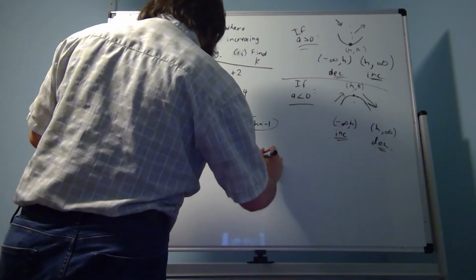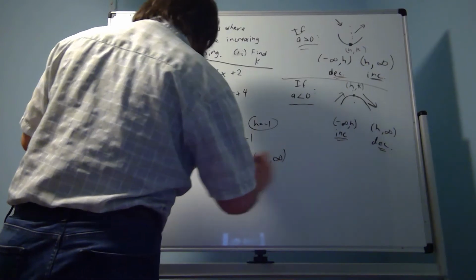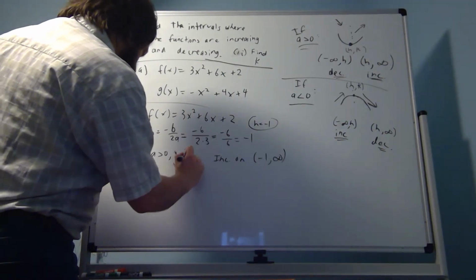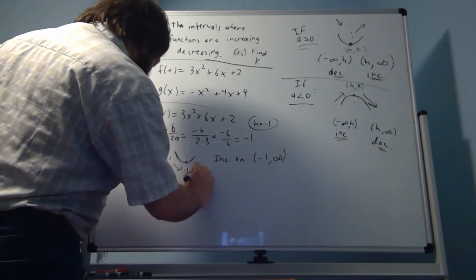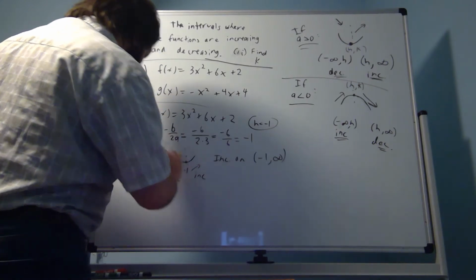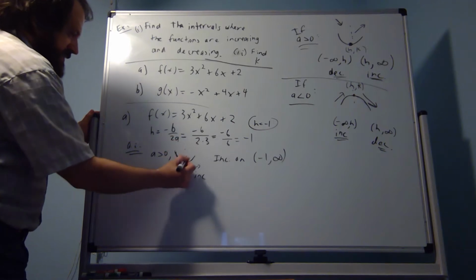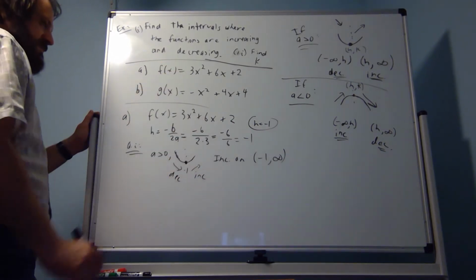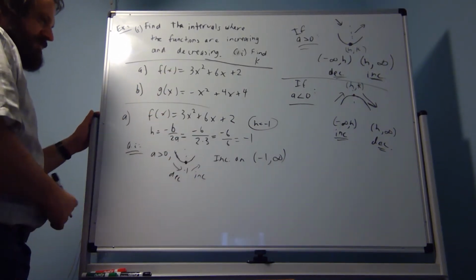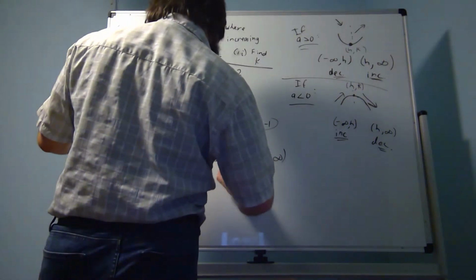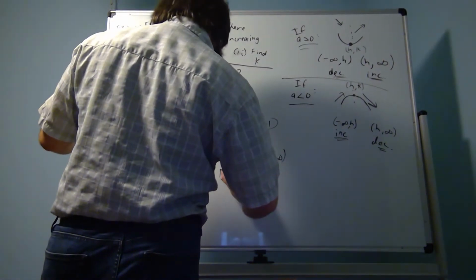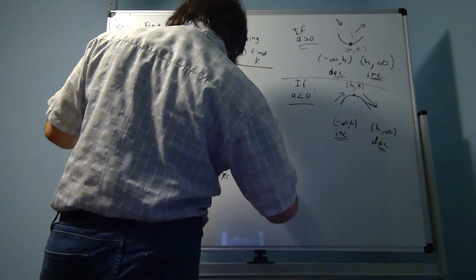H is minus 1, so it increases to the right of the vertex. It hits the bottom, and then it's going up endlessly afterwards, and then it's decreasing on the left.